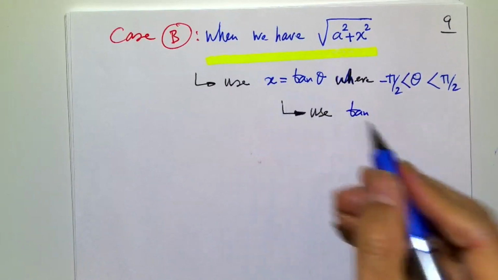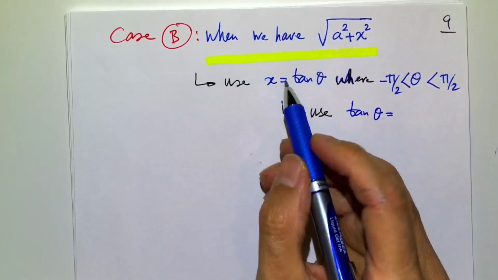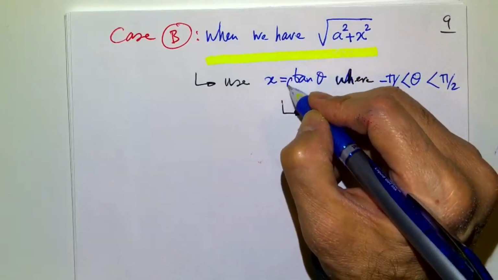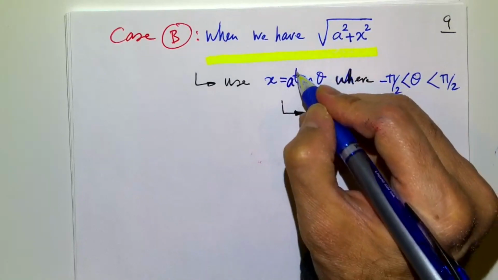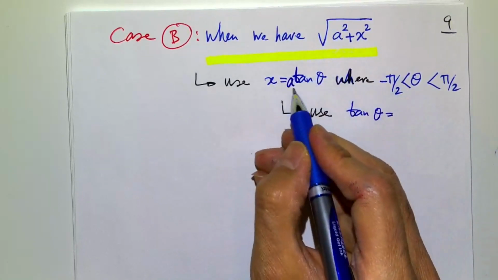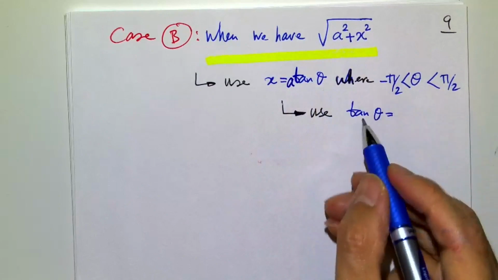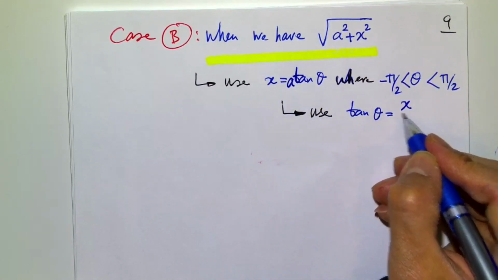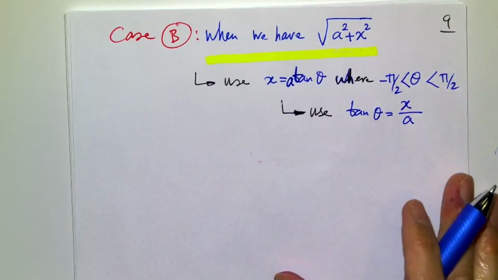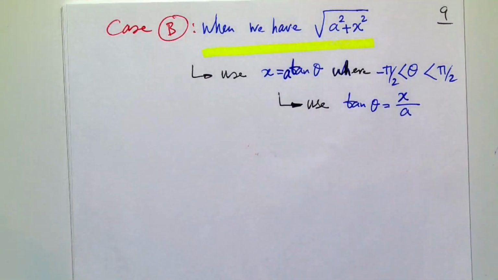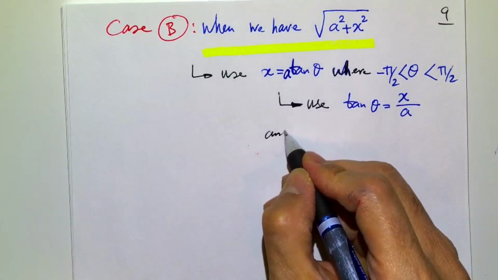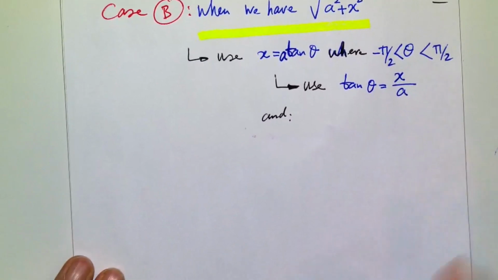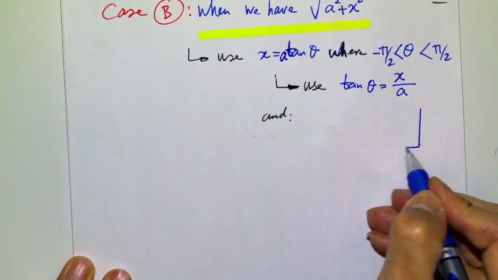Oh, let me also, I forgot to put an a here. Use a, sorry about that, x equals a tangent theta. Then tangent theta would be equal to x over a, and then use the right triangle translation, which would be this.